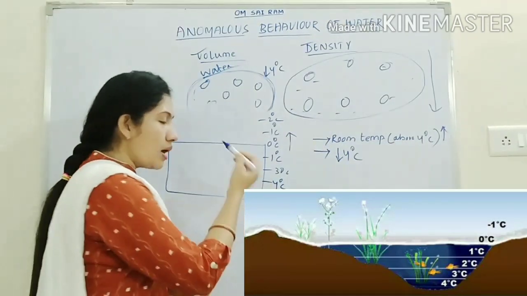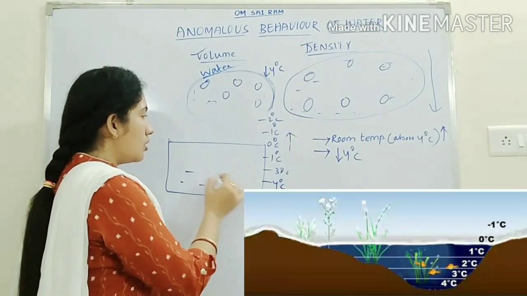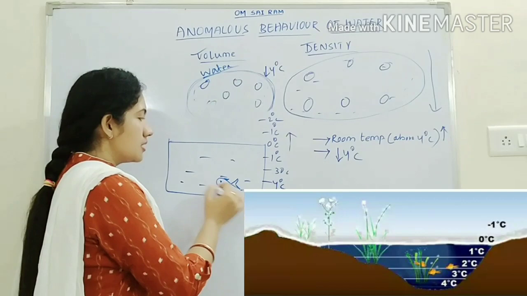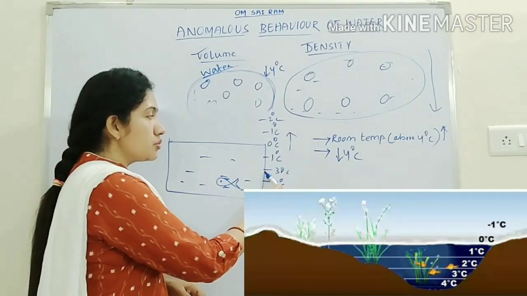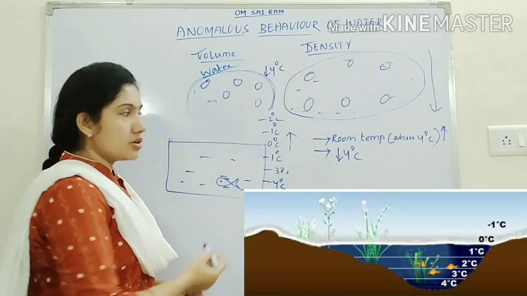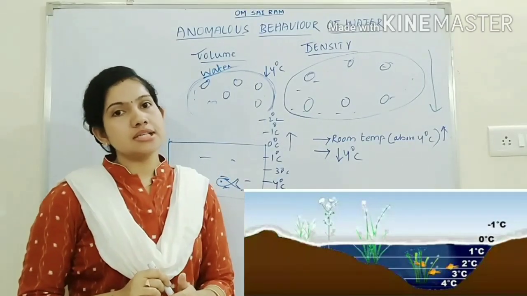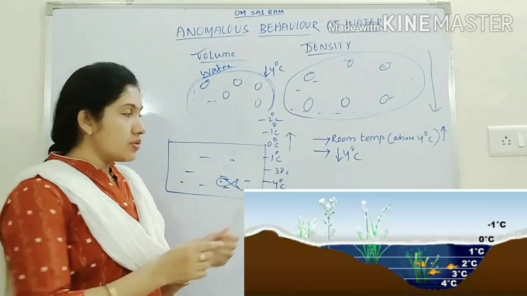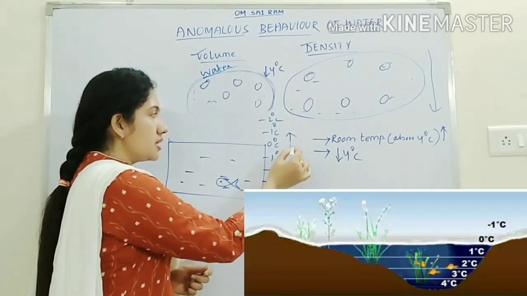Down here we have 4 degrees Celsius, so the water and all the aquatic organisms will not freeze. As we move up, the surface of the water has 0 degree Celsius.